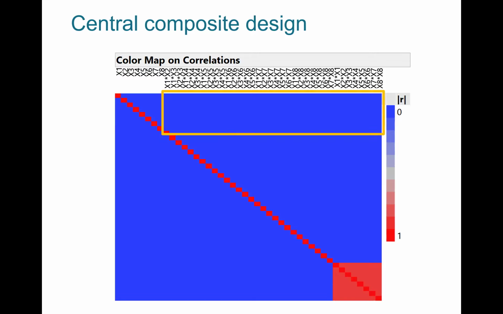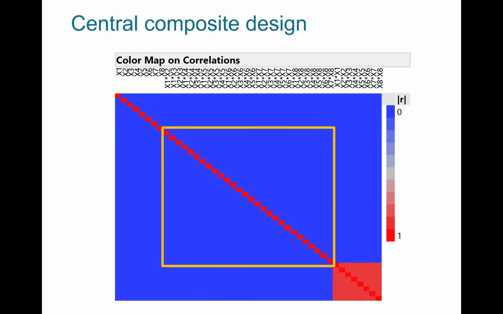The upper right part of the color map is also perfectly blue. So that means that you can estimate the main effects, the most important effects of the inputs independently from the second order effects. That's also a nice technical property to have. Then in a classical central composite design, the central part of the color map is also perfect.